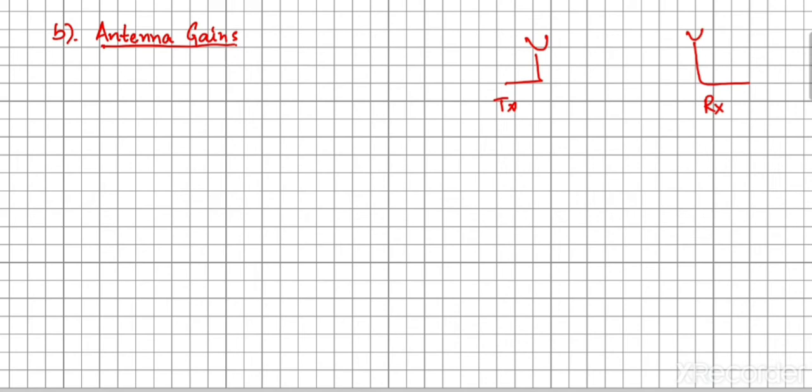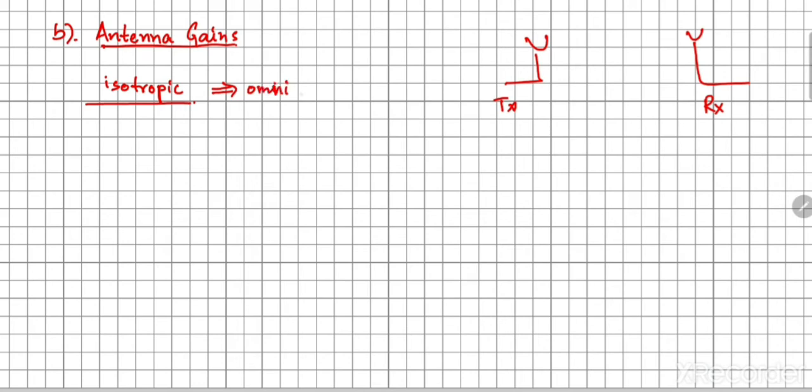These antennas can be isotropic, which means that the antenna radiates equally, uniformly in all the directions.